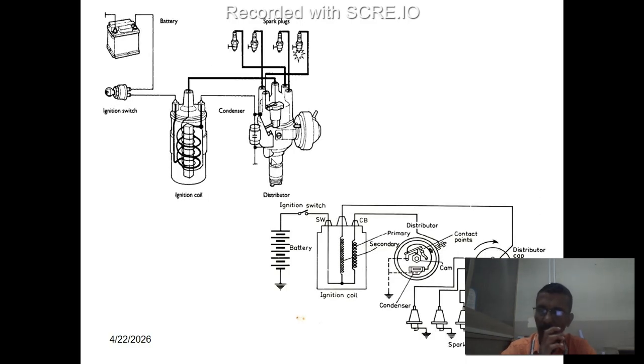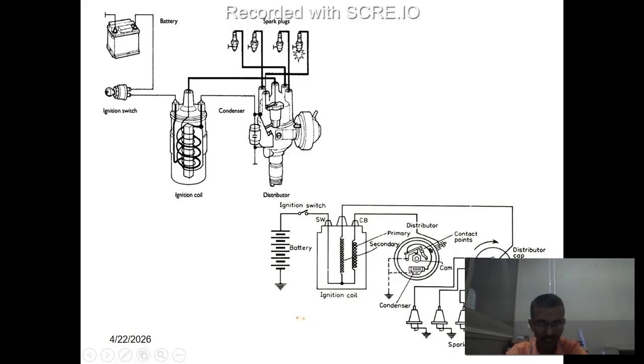Another important part is the magneto coil, which generates the magnetic field for the spark plug in the ignition system, and the ignition switches are connected to it. Whatever images are in front of you, see the bottom image showing the different parts.